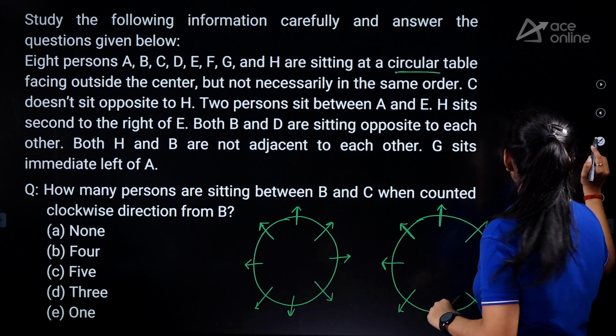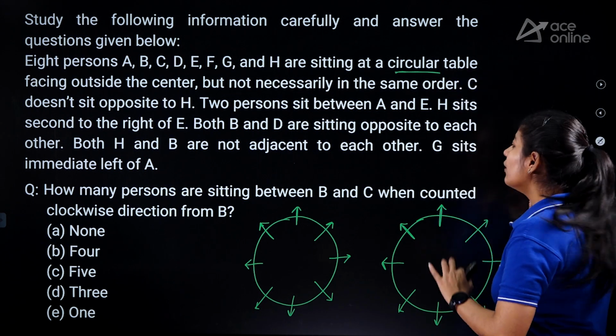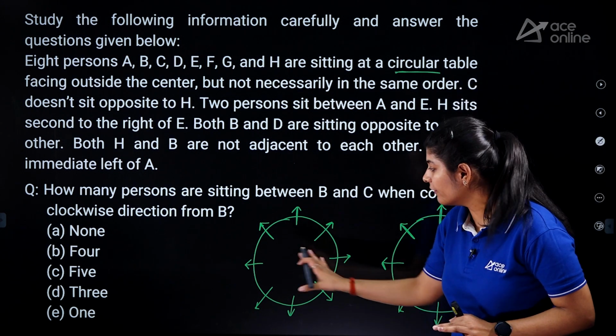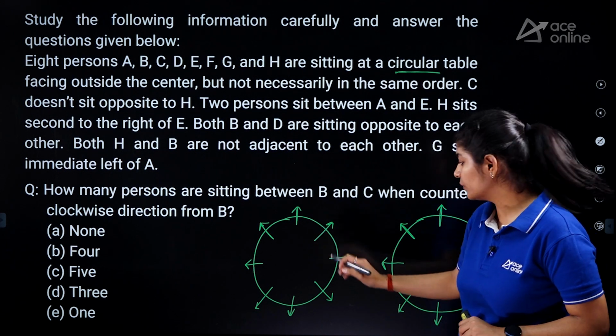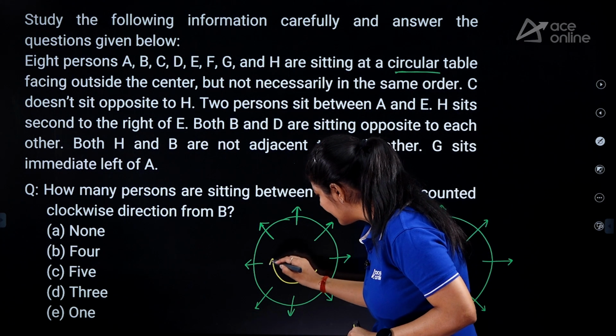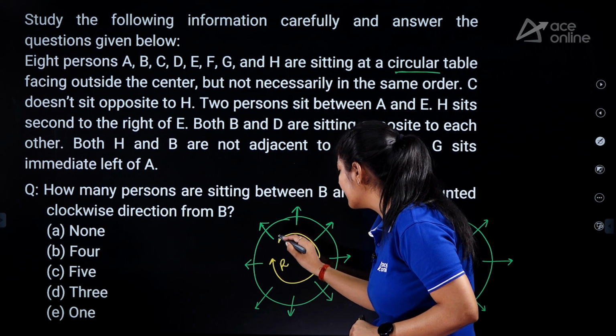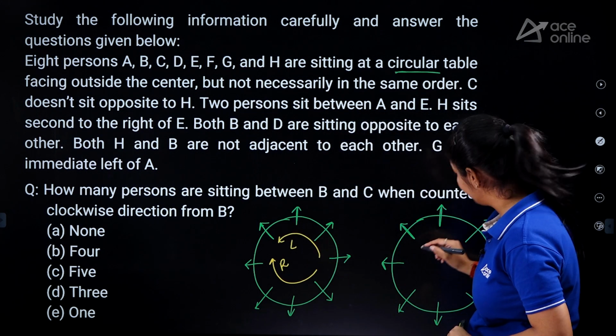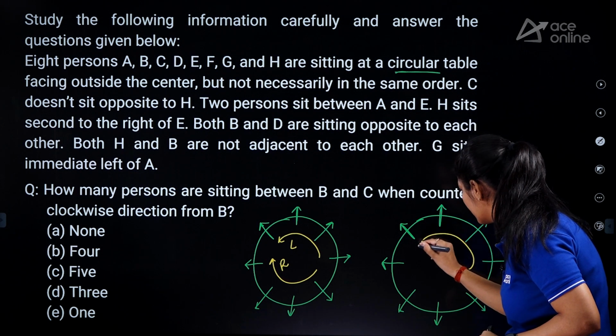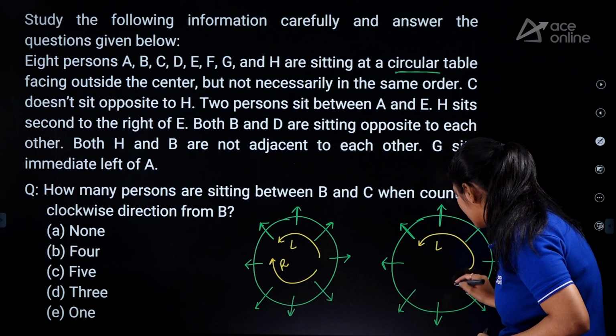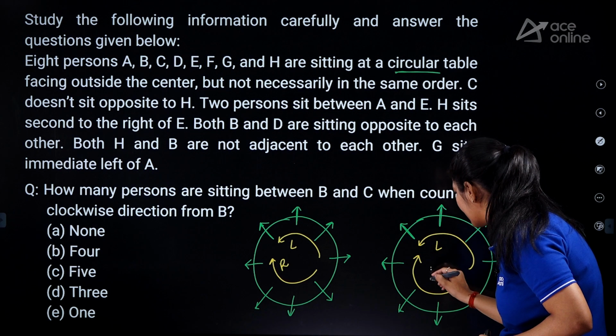Now, I also know that if all of them are facing outwards, then this is their right direction and this one is their left direction. Similarly, we have the same case in this one: this is the left direction and this one is the right direction, right?